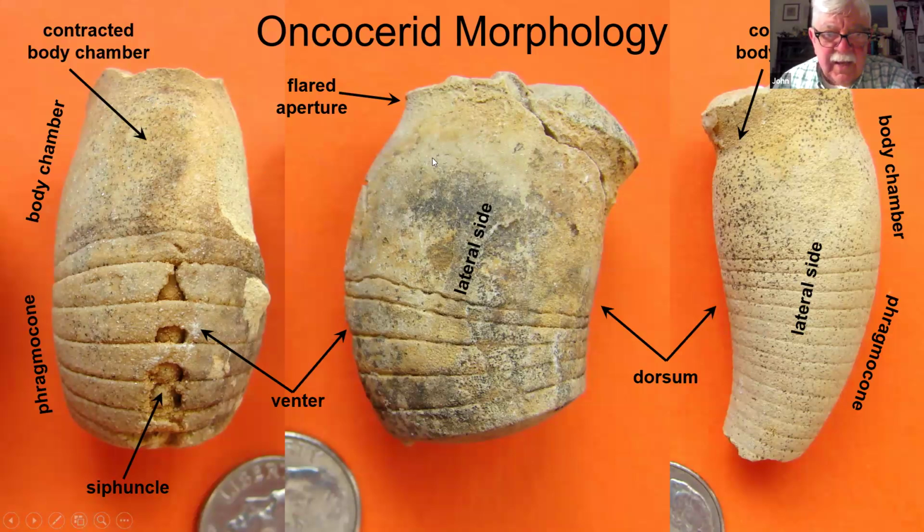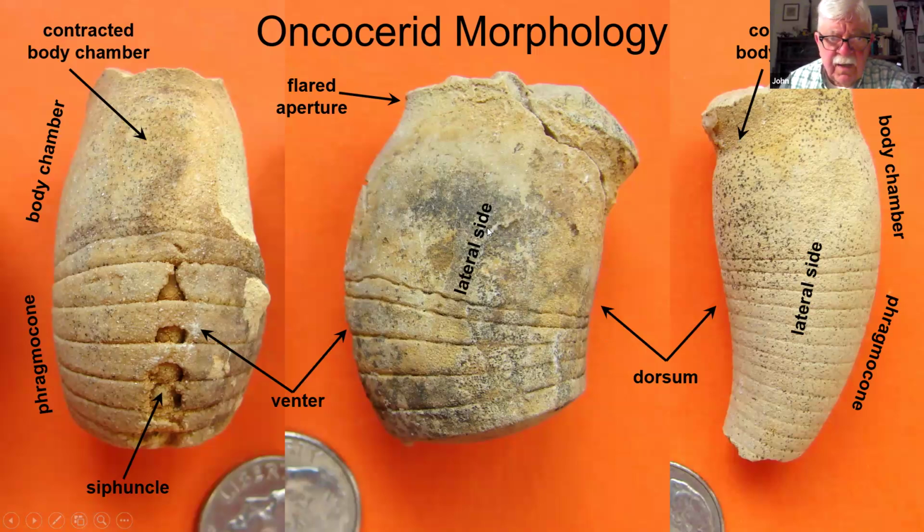Okay. Here, this is a contracted aperture. Here, flared aperture. You can see that real nicely there. These are called the lateral sides. The dorsum is the side away from the siphuncle. And Beloitosaurus laicum has a very constricted body chamber, very distinctive. You see that, you know what you got.